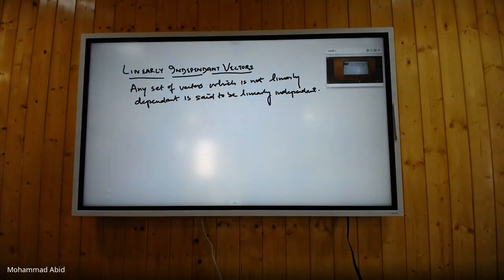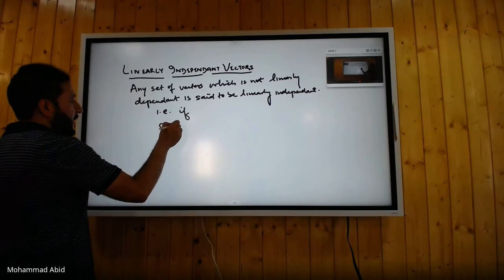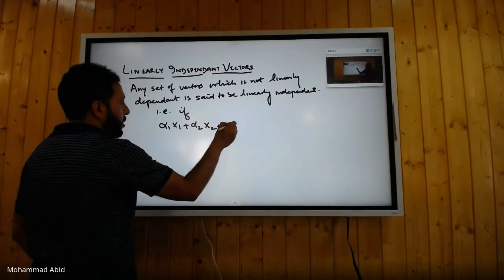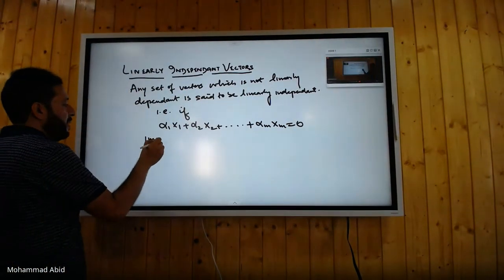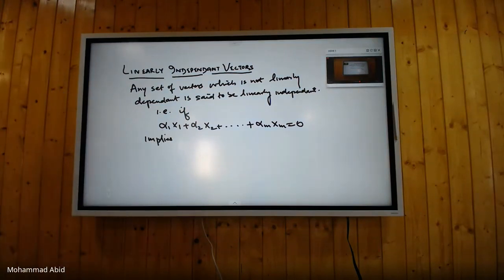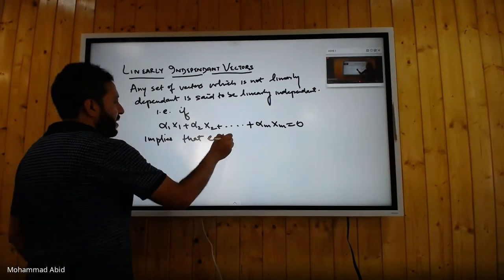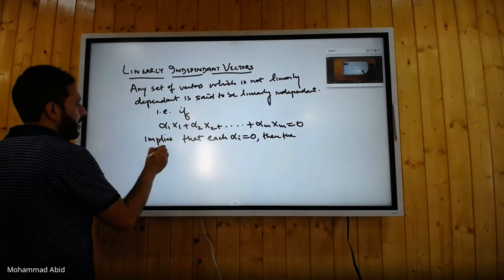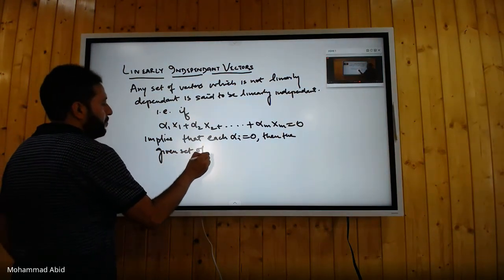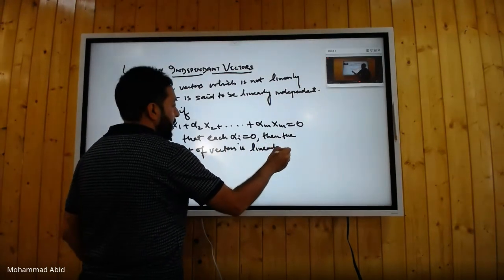That means, if alpha 1 x1 plus alpha 2 x2 plus so on, alpha m xm equal to 0 implies that each alpha i is equal to 0, then the set of vectors is linearly independent.